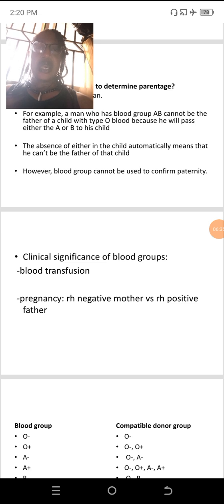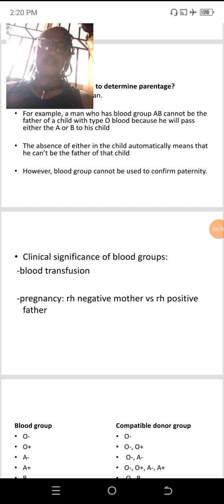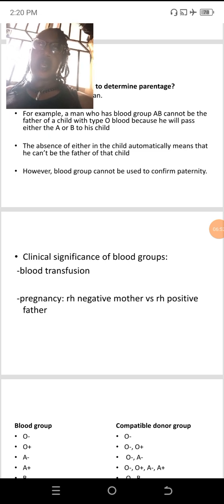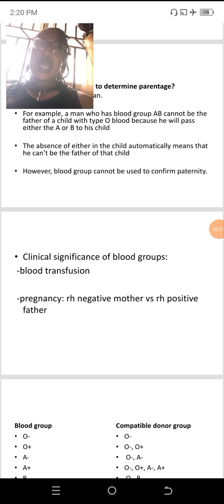If someone has anemia, that is the level of blood in the person is low, or the person has an injury and loses blood, or in some other situations where someone requires blood transfusion, you need to know the blood group of that individual. Then you need to check the blood group of the person that is going to donate the blood to be sure that it matches the blood group of the person that is going to receive the blood.